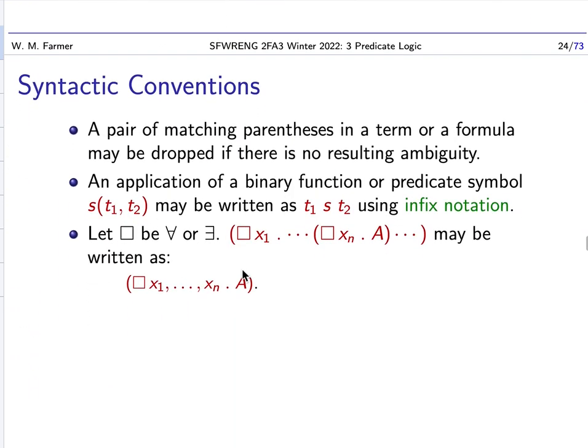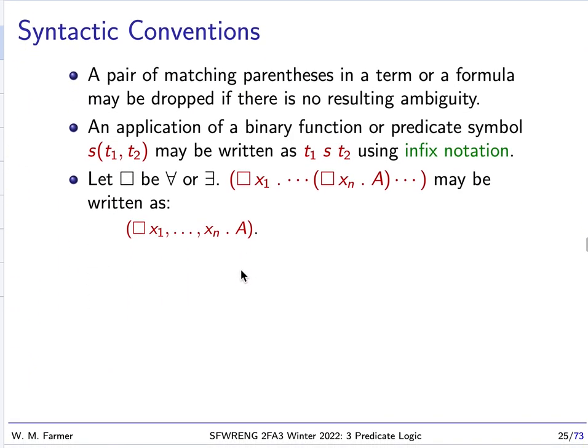We're also going to use some syntactic conventions. And these are also called notational conventions. And so the first one is we can drop pairs of matching parentheses in a term or formula when there's no resulting ambiguity. So for instance, if we had 0 equals 0 in parentheses, we can write that just as 0 equals 0.